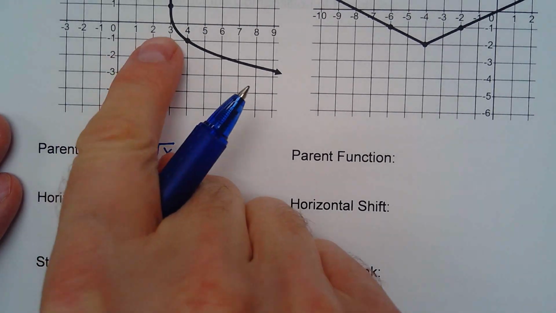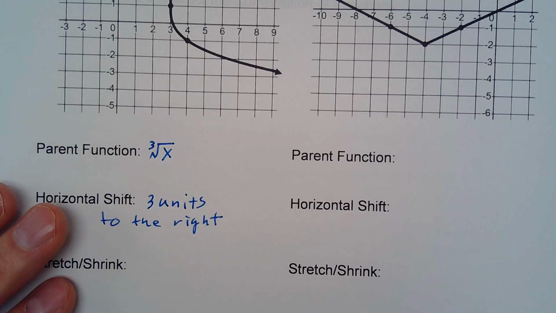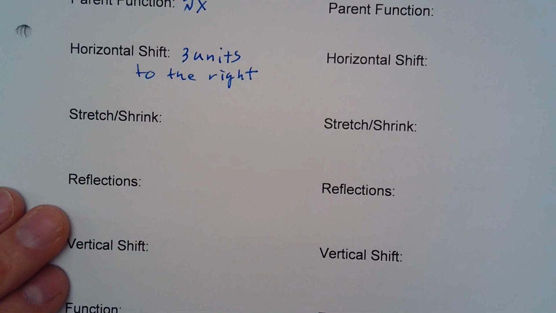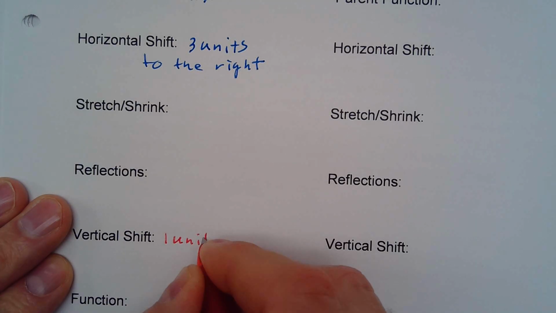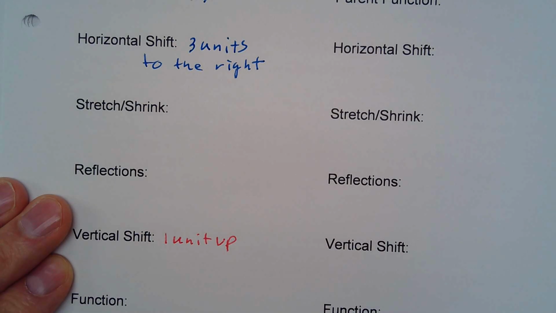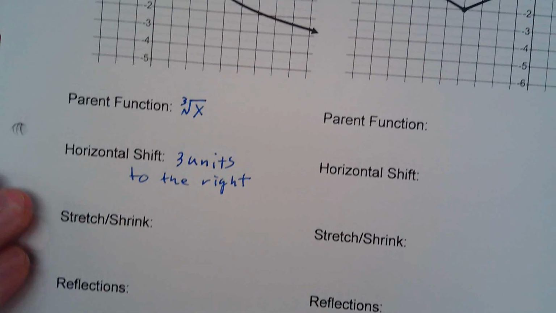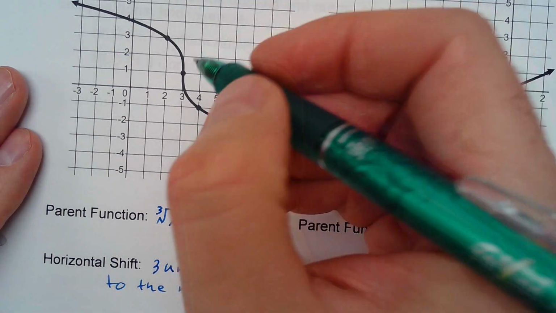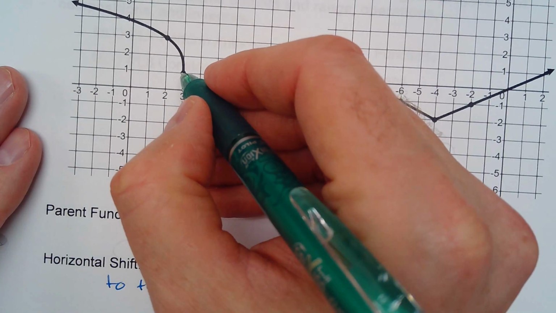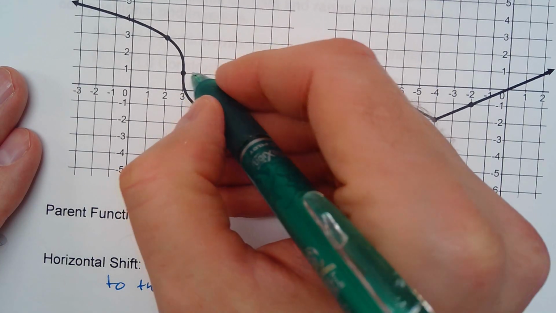And it's also been shifted vertically once. So I can skip down here and say 1 unit up. Now in terms of the shrink or stretch, when I've got my cube root function, I go 1 over and 1 up.